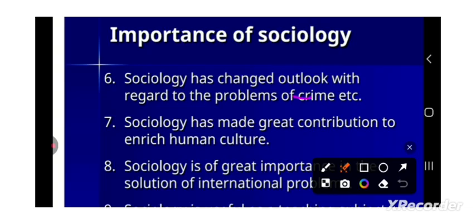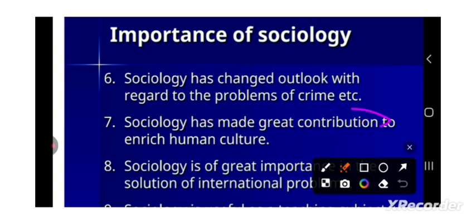It introduced concepts like social disorganization, strain theory, social learning, and labeling theory to explain that crime often results from poverty, lack of opportunity, social exclusion, or breakdown of norms. This change in outlook leads to more effective preventive solutions, focusing on social reforms and rehabilitation rather than just punishment.